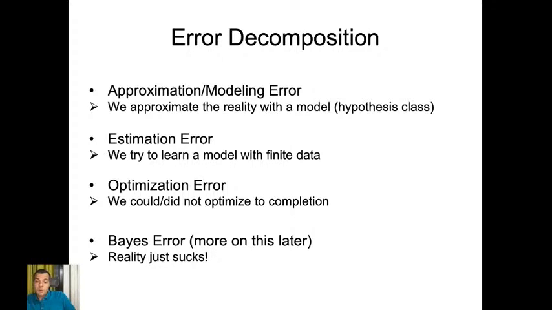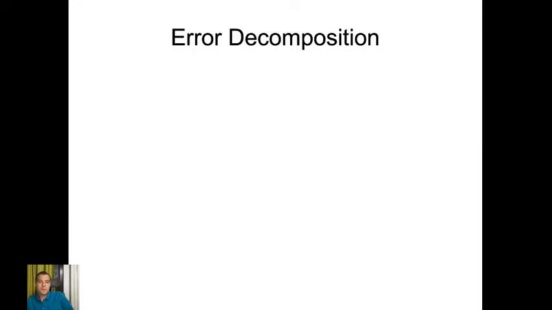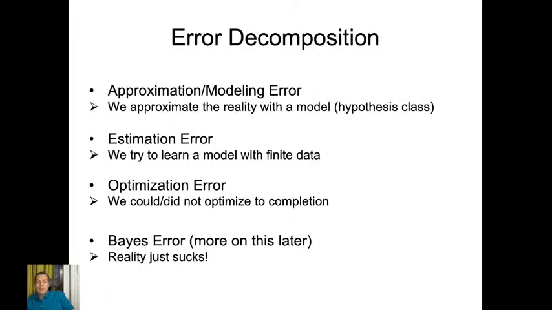And there is also an error that we call the Bayes error. This is not covered here in this description. The Bayes error is again a theoretical error that you can achieve in theory, and it is known and proven that you cannot achieve a better error rate than this Bayes error. But in many cases, we don't know the value of the Bayes error.